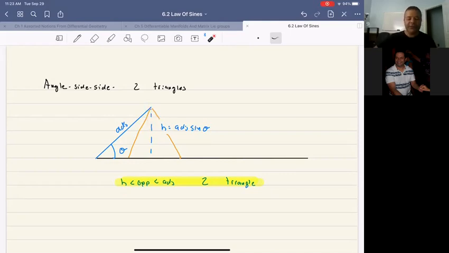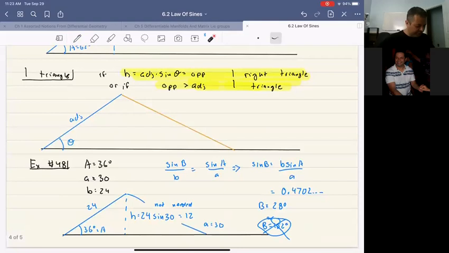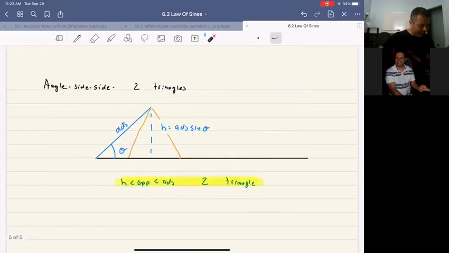Okay, so let's do an example here. I have one. Here we go. Did I say that was 48? Nope, that was fine. Where was my two triangle example?